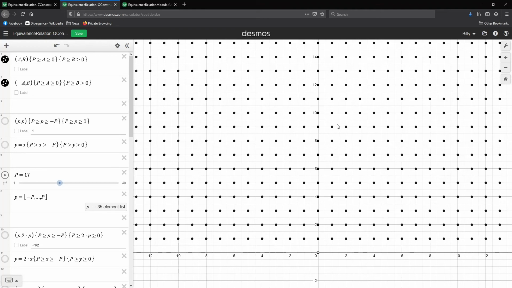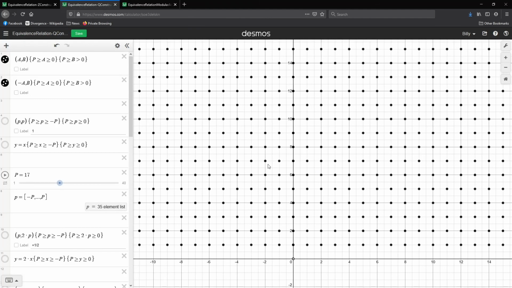So this is a picture of Z cross Z plus, or the integers Cartesian product with the positive integers. And sure enough, we can go through and look at the equivalence classes here. In this case, these purple points are everything equivalent to the ordered pair (1, 1).